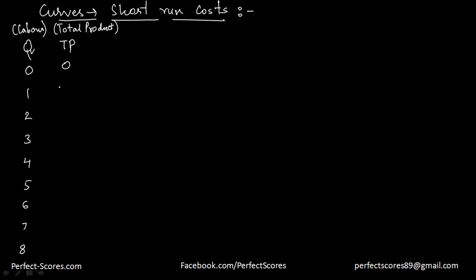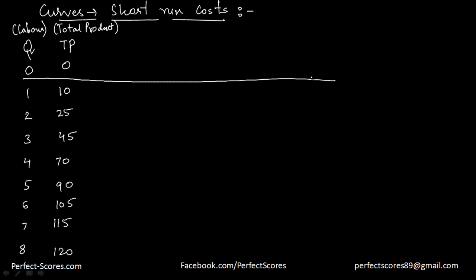When you have one person, you produce 10 units. Let's suppose you produce 25 here. The total product has to increase. You can give any number, but it has to increase when your quantity of the variable factor increases.